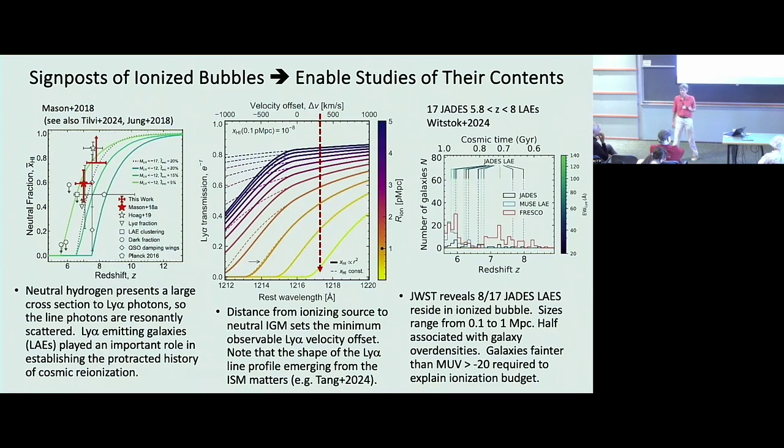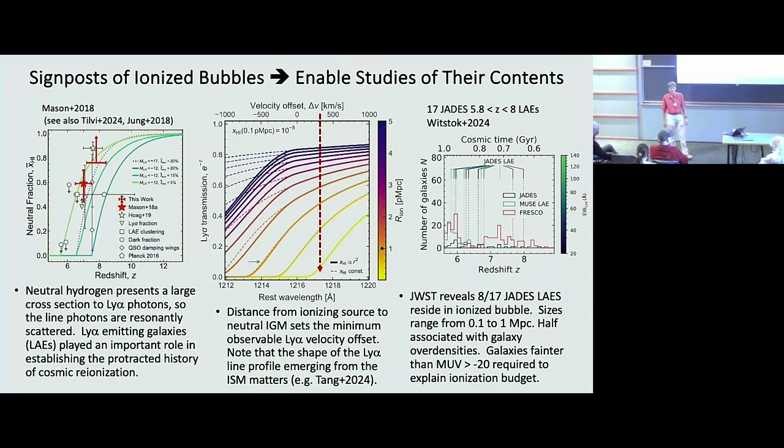This is at redshift 7, for example. So this is just one of the complications in interpreting Lyman alpha emission from reionization era galaxies: the ISM/CGM matters.